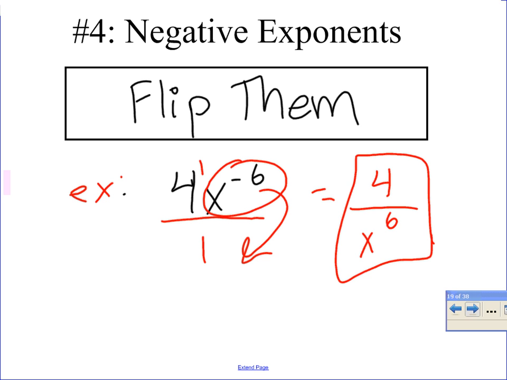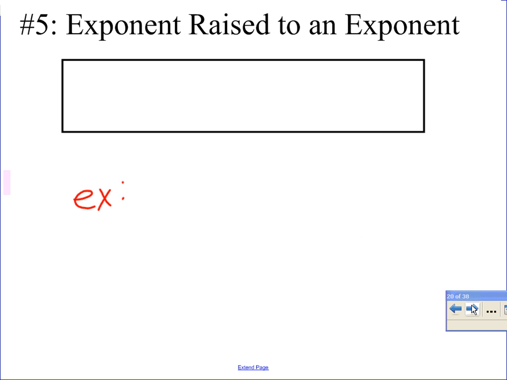Okay, one more, then we're going to do some examples together. Exponent raised to an exponent. So last rule, it's called the power of a power rule, but we can write it as an exponent raised to an exponent. So what do we do? Exponent raised to an exponent, Travis.